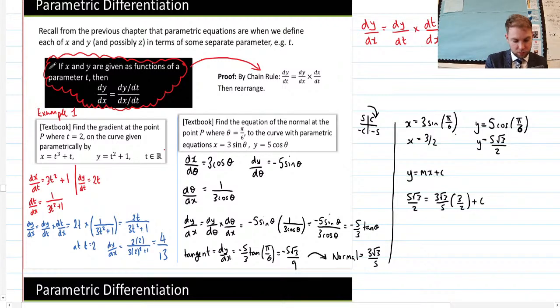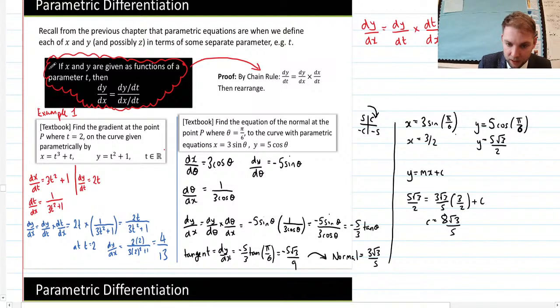So let's do 5 root 3 over 2 minus fraction button 3 root 3 over 5 times by 3 over 2, which is equal to, c is equal to 8 root 3 over 5.